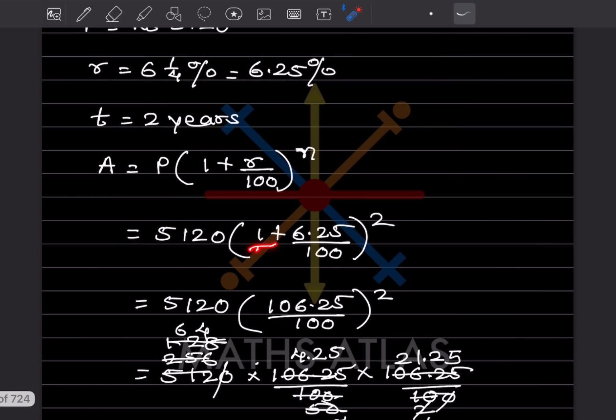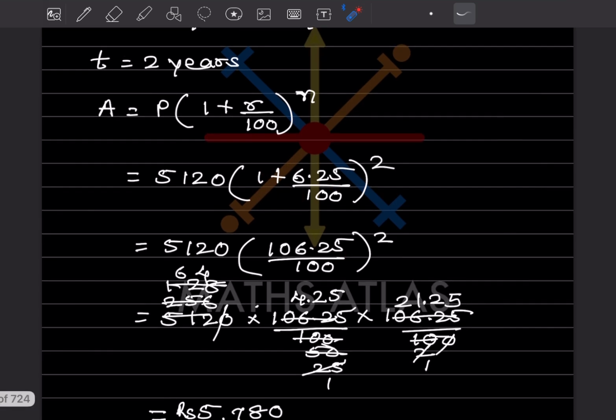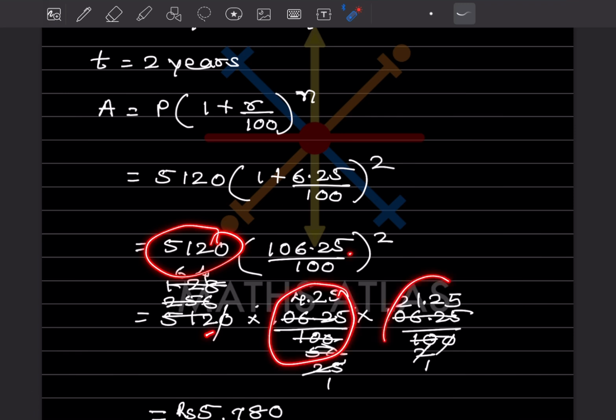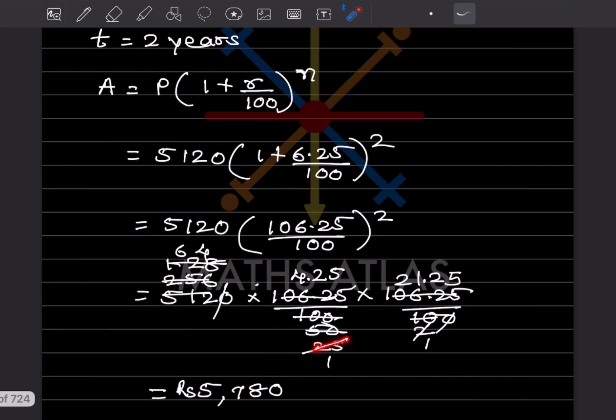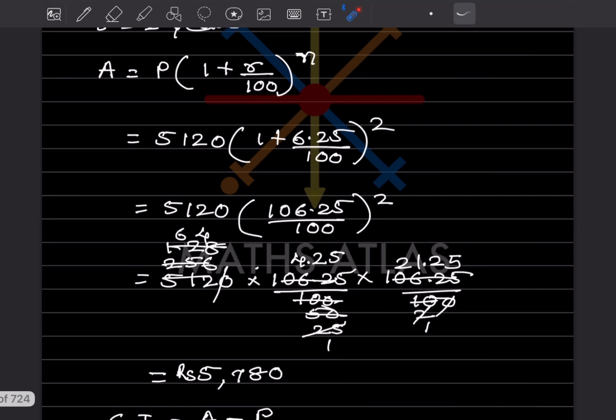So here the LCM will be 100, so this will be 106.25. So this is 5120, and this will be multiplied twice. So after simplifying, you can do it as you wish, that is going to be 5780. So the amount is 5780.